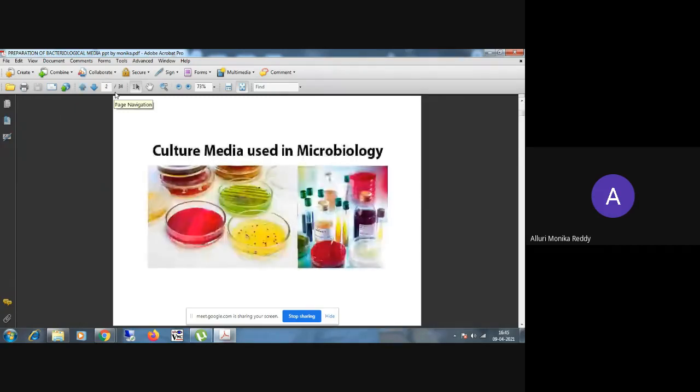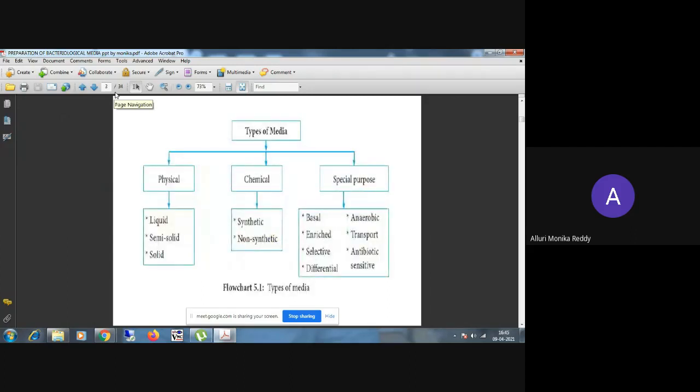So these are a few images regarding culture media. We all know that bacterial culture media is firstly divided into two types, depending upon the consistency: solid and liquid. Coming to the solid, we have agar, and the liquid is nothing but liquid broth.